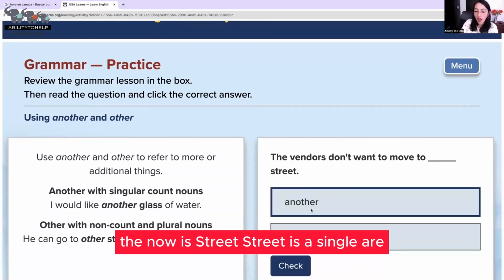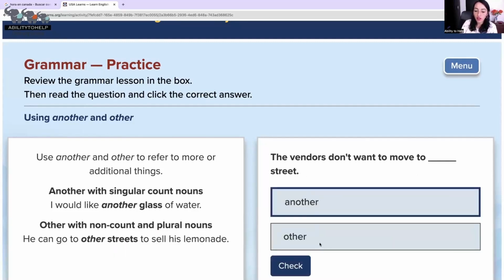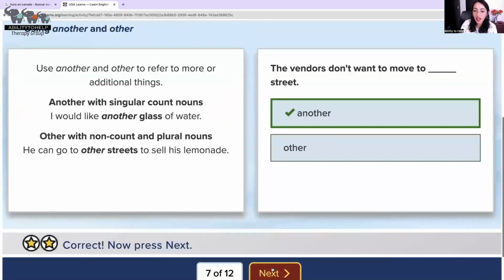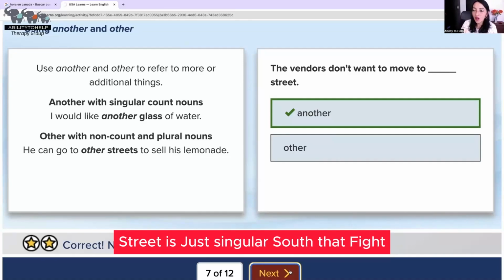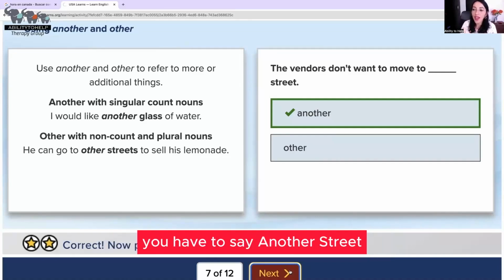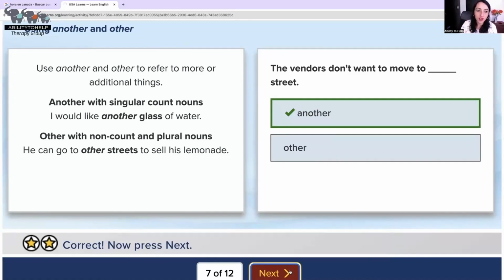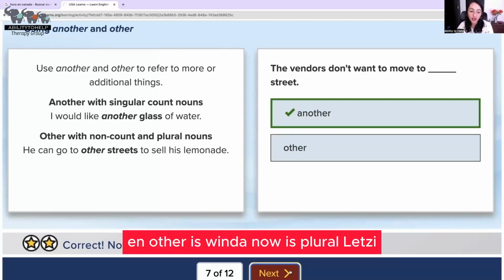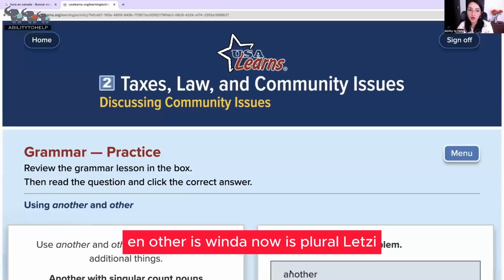So that's why I could click on another option. Use another and other to refer to more. So here is more, but street is just singular. So that's why you have to say another street. Another street. And other is when the noun is plural.